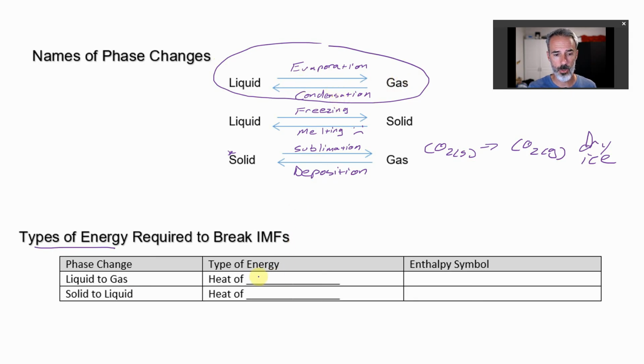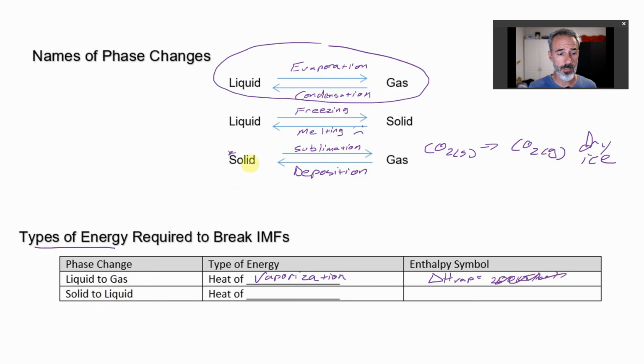That's referred to as the heat of vaporization, symbolically delta H with a little VAP. In other words, there will be a number here. Don't write down this number because it depends on the substance. It might be like 200 kilojoules per mole or something like that.